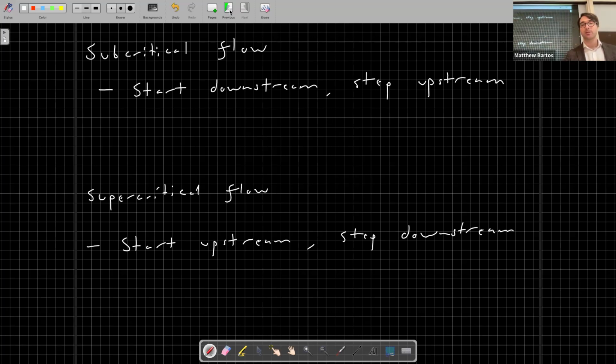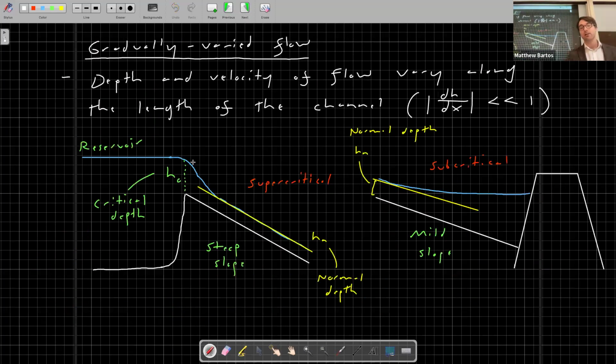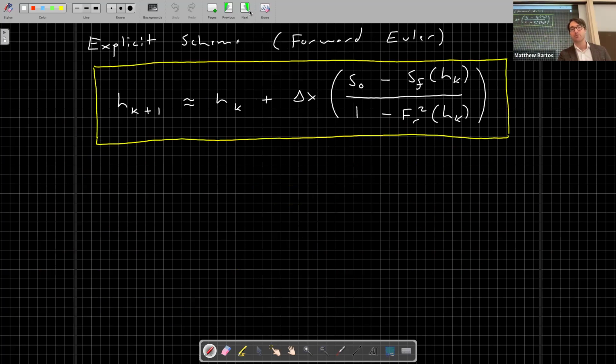So for instance, if we go all the way back to the two cases I showed at the beginning of class, for the subcritical flow example, we would need to know the depth at this impoundment and then work our way upstream. For the supercritical case, we would start at this critical depth at the upstream boundary and then work our way downstream. And this just comes as a consequence of how information travels for supercritical versus subcritical flow.